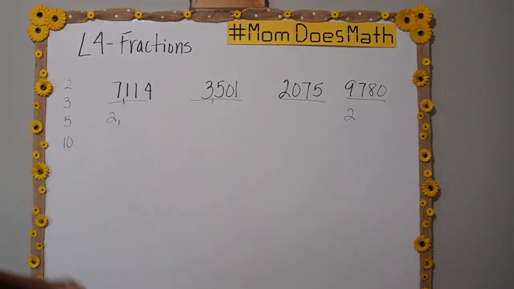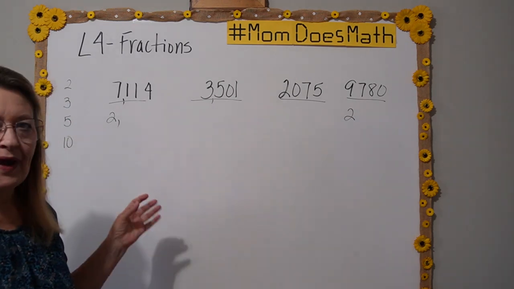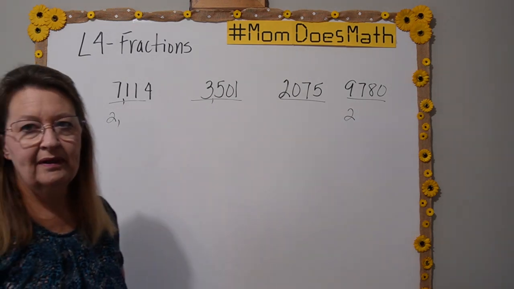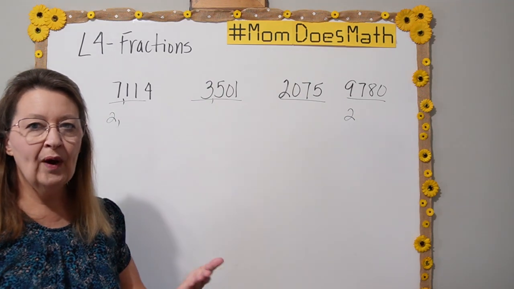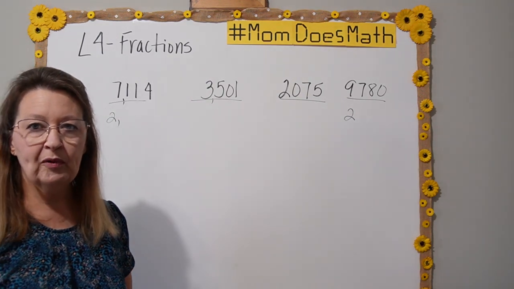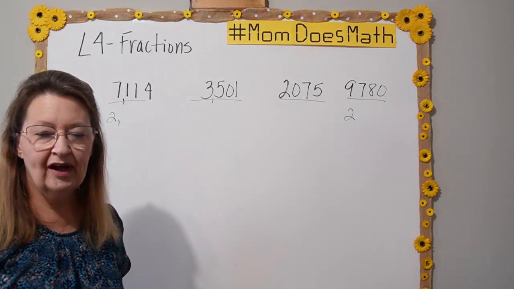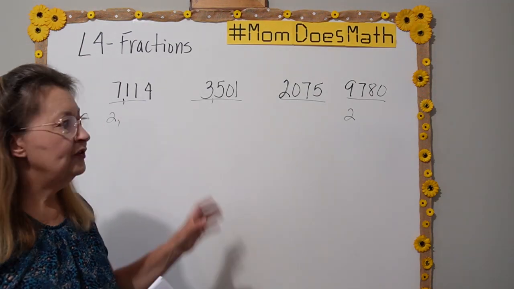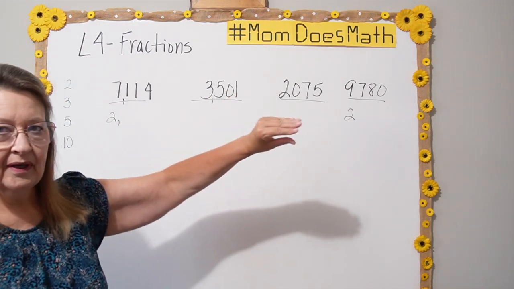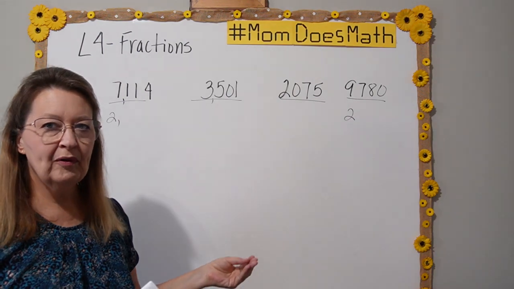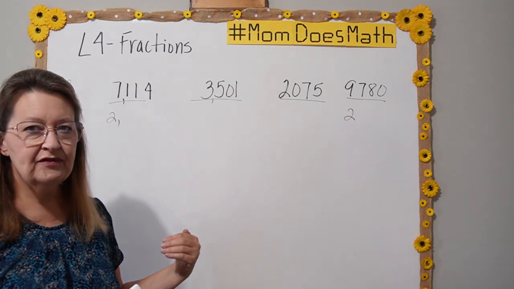All right, now let's look at 3. There's a little rule that says if you add all the digits up and they equal 3 or a multiple of 3, what's a multiple of 3? 3, 6, 9, 12, 15, 18, 21. So if you add all the digits up and they equal 3 or a multiple of 3, then that number is divisible by 3.